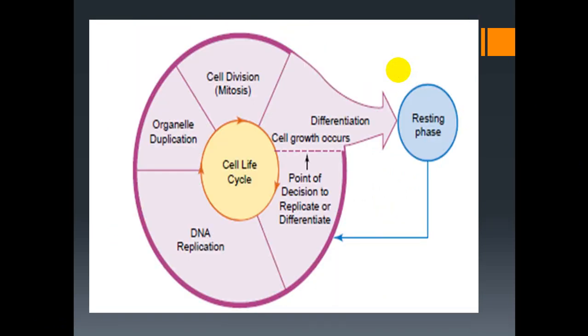This is the normal cell life cycle, and the interrupted line is where cell growth occurs, or where the cell growth signals are ignored. So there is a point of decision to replicate or differentiate.